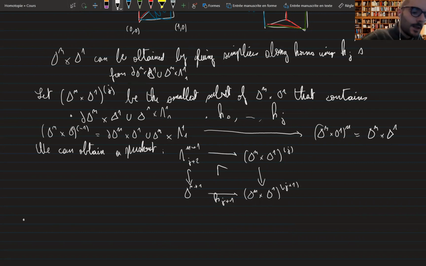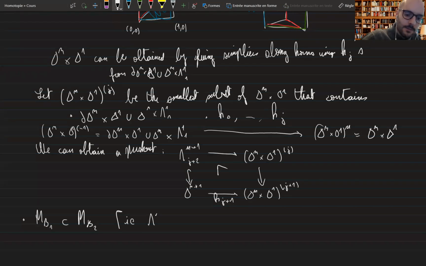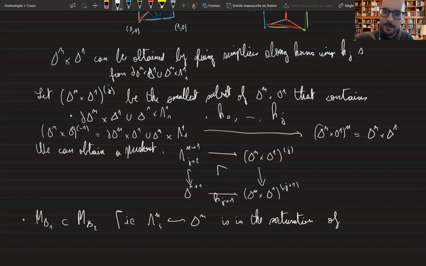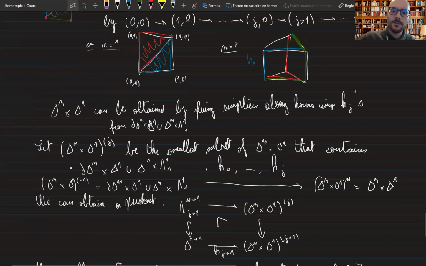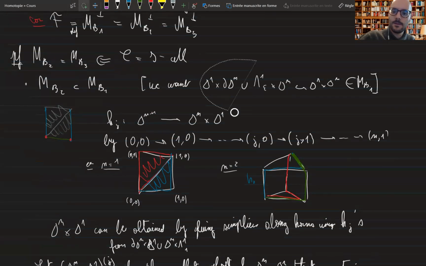Okay. So now let's prove the other way around, that MB1 is included in MB2, so i.e. Lambda nk to delta n is in the saturation of, well, the maps from before, so B2. So these kind of maps. Okay.